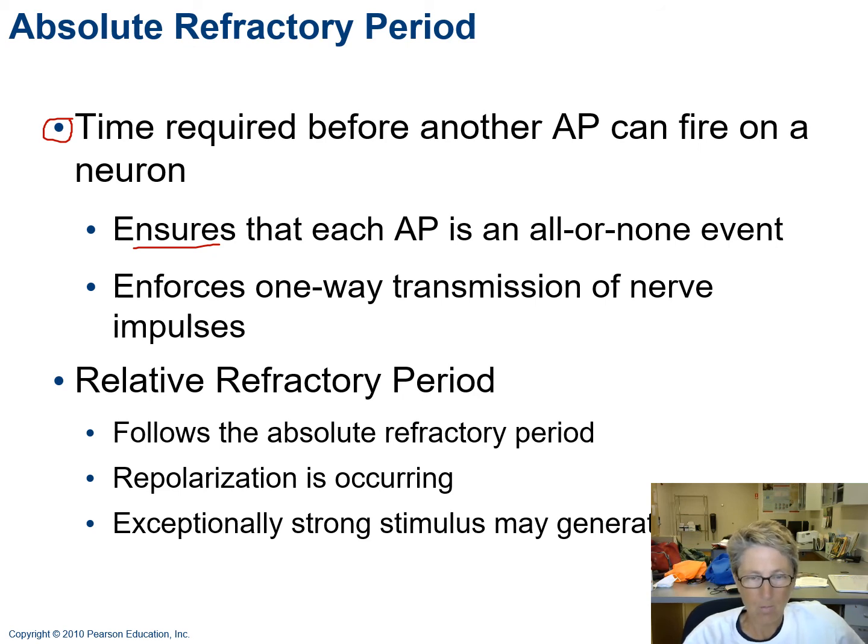These refractory periods allow each action potential to fire fully. The absolute refractory period also makes sure that you're doing a one-way transmission of nerve impulses, that is from the axon hillock towards the axon terminal. And so that's the absolute refractory period. And then the relative refractory period, if you do fire an exceptionally strong stimulus, you can fire another action potential.